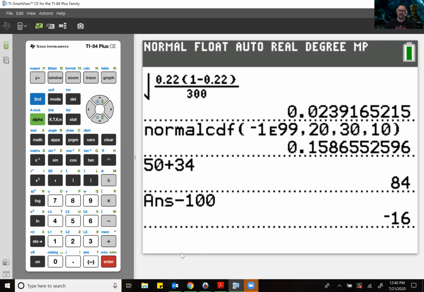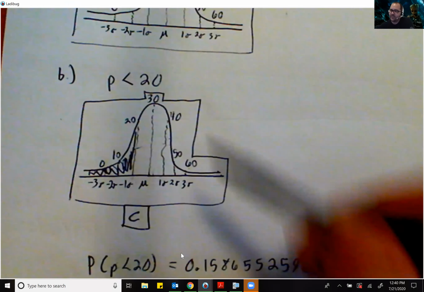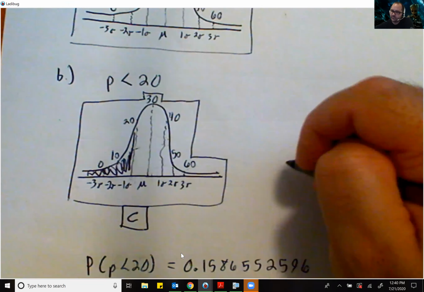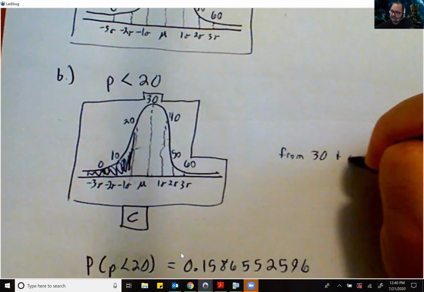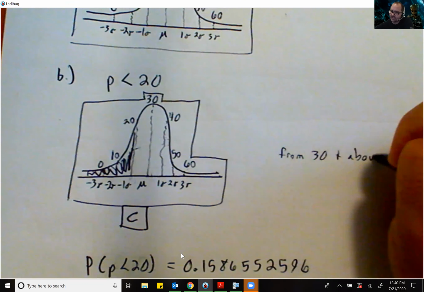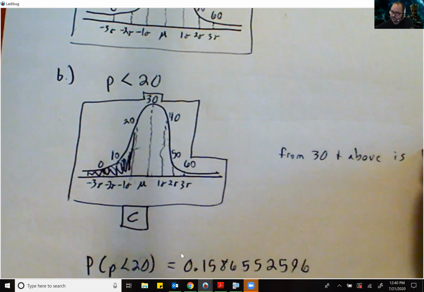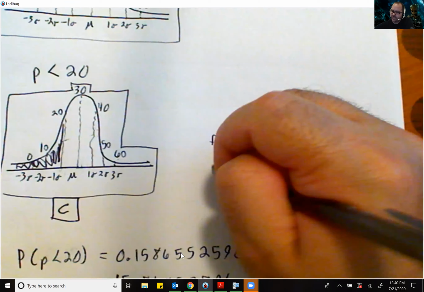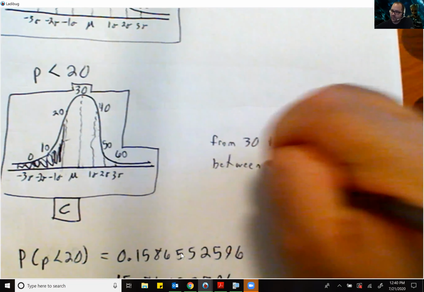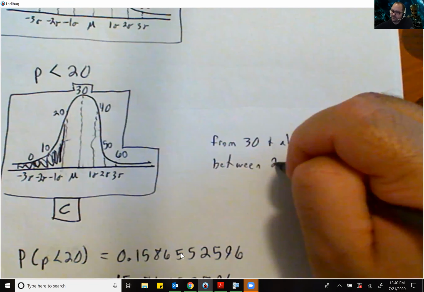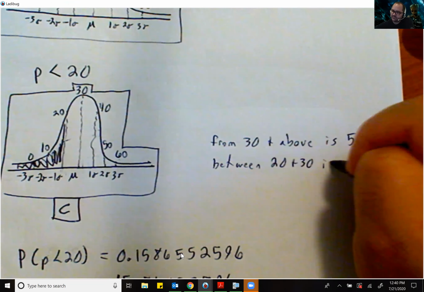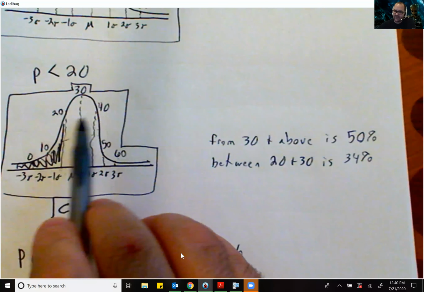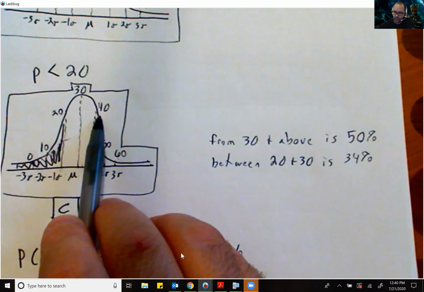So let me run through how we did that again. Everybody from 30 and above is 50%. Between 20 and 30 is 34%, because from 20 to 40, that's 68%, and half of 68 is 34.